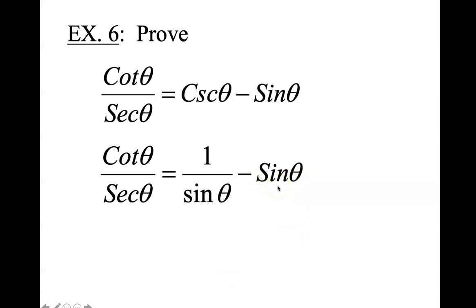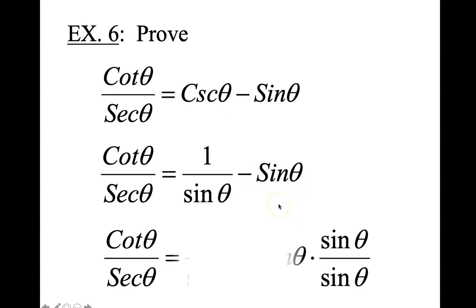Well, it really does. It's like saying sine over 1, so I'm going to take this 1 over sine and leave it, and this sine of theta I'm going to multiply by sine over sine, which is really 1 in a useful way, to make this have the same denominator as that.